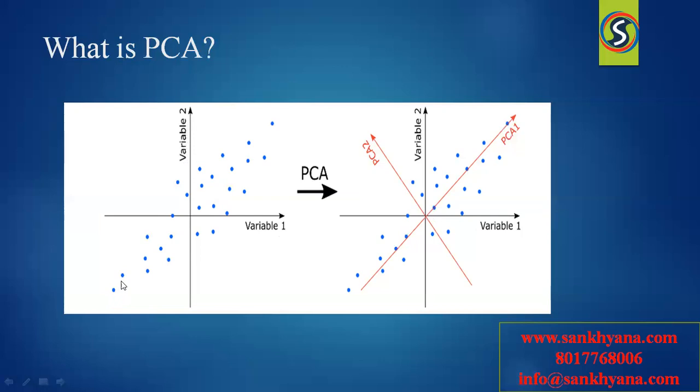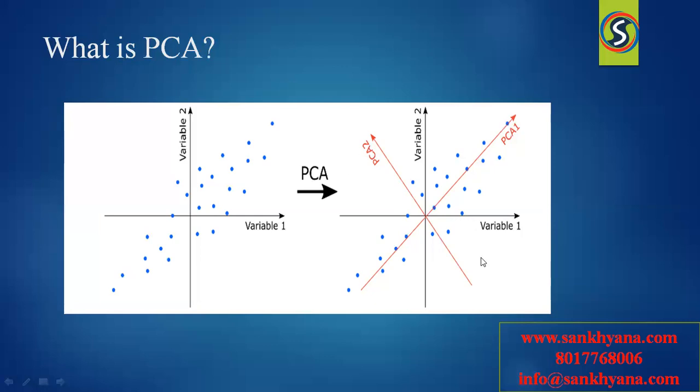Through the middle of all of the data points, I have drawn a straight line. I have named it PCA1, and I'm also drawing a perpendicular line to this PCA1. I'm giving the name PCA2 to that one. Now see, the correlated data is converted into the non-correlated data. In this way, it can convert and also it can reduce the features.